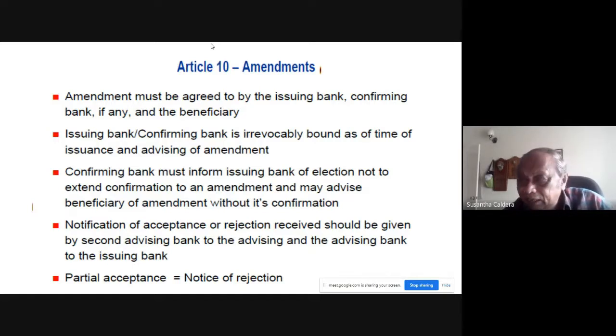And in the same amendment, the third amendment, they have mentioned the latest shipment date. Earlier it was 30th September. Now they have brought it forward to read the latest shipment date as 15th September.